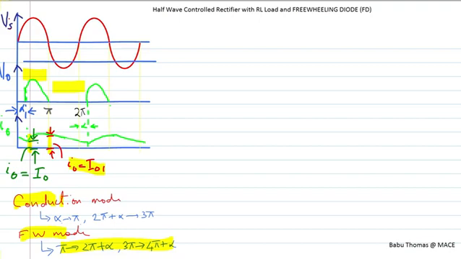During the freewheeling period there is no connection with the input supply source, so the current freewheels through R, L and the freewheeling diode. Therefore you can write the voltage equation as 0 equals R I0 plus L into d I0 divided by dt, because the input voltage is 0. You can solve it for the current.